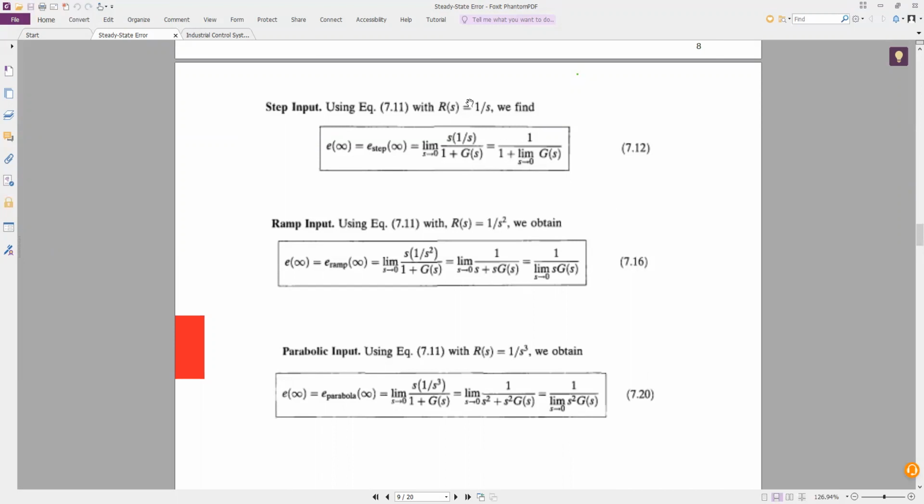So, step input means R(s) is equal to 1 over s, ramp input 1 over s square, and parabolic input 1 over s cube. So these are the three things: step, ramp, and parabolic input.